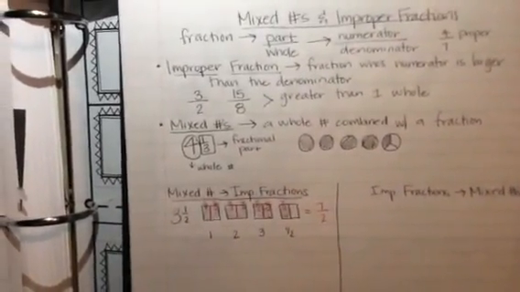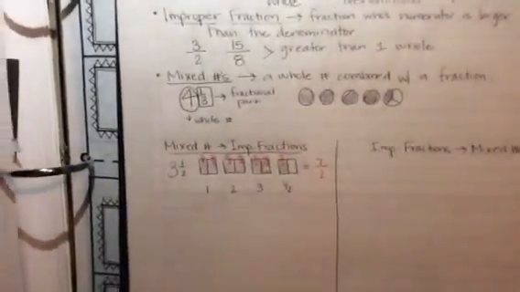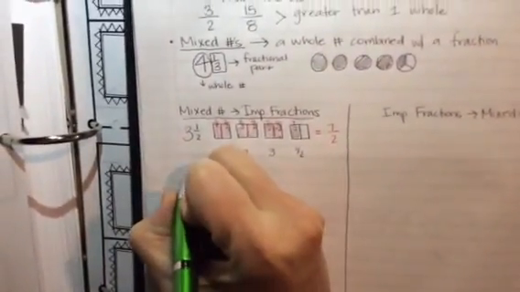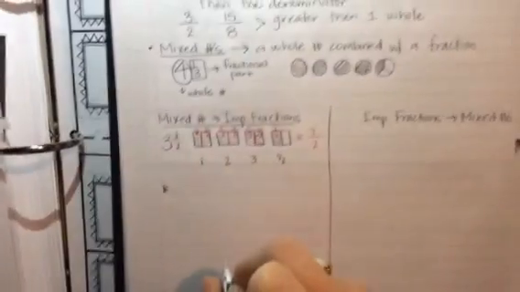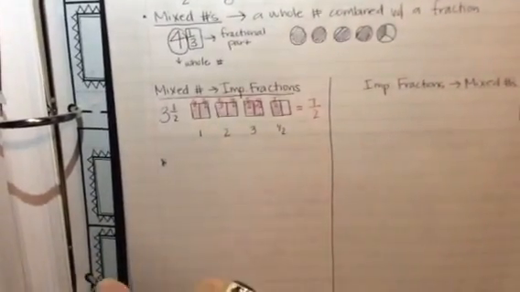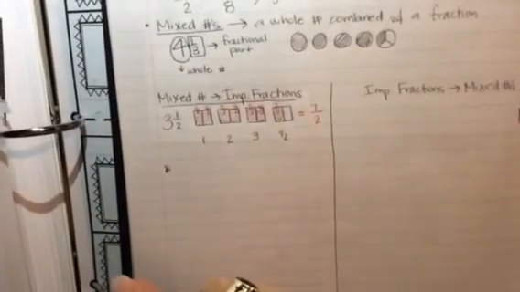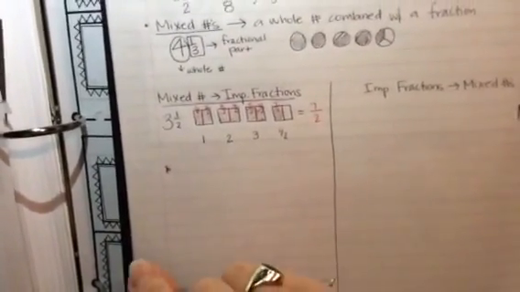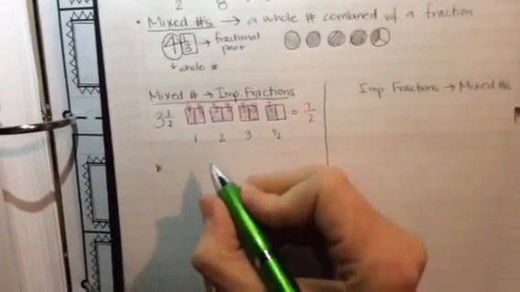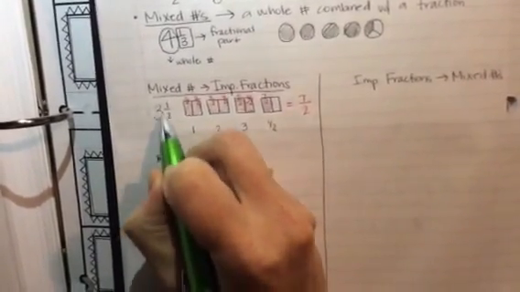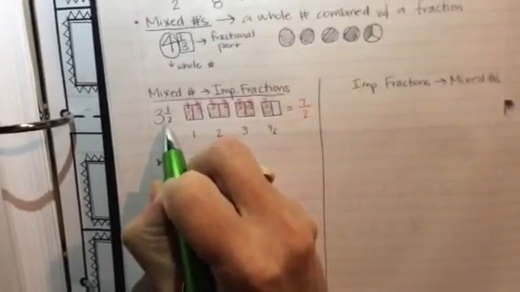So you might be thinking, is there a way that I can do this without drawing a picture? And there is. To change a mixed number to an improper fraction without having to draw the model, because sometimes you don't want to draw a model, especially if your numbers are very large. To change a mixed number to an improper fraction, you see how many of the wholes each fractional part would give you.